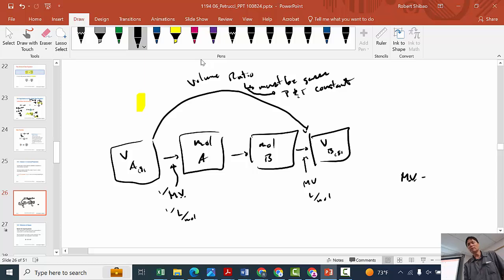And it's pretty simple to check your answer, RT over P, because the units have to be in liters per mole. And so you want to make sure everything cancels out to give you liters per mole. It's going to be the molar volume. This is good if B is a gas and A is a gas. Just do the volume to volume stoichiometric ratio.